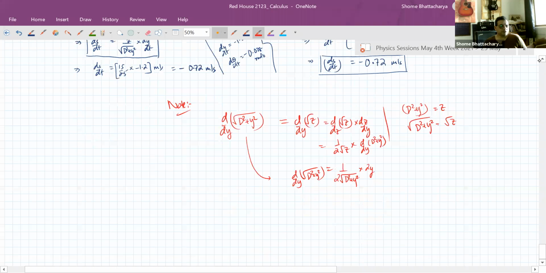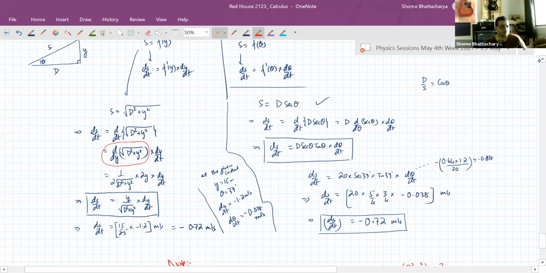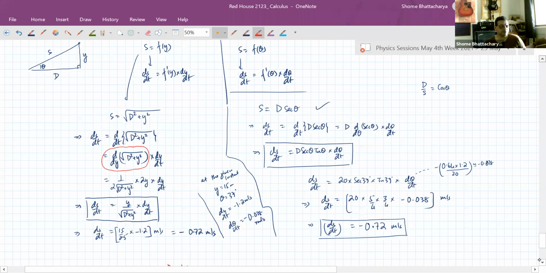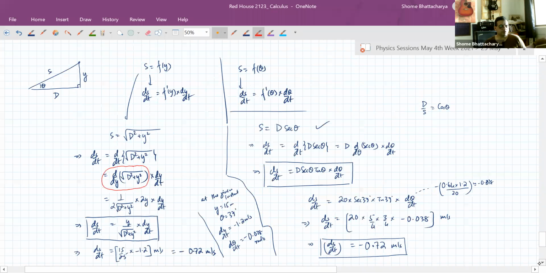So a lot of questions in your worksheet, sorry, in your module exercise 3 are based on this principle, differentiation as a rate measurer. Okay. So you have to complete that set of questions, and along with that, I will also be sending you an assignment this week again.